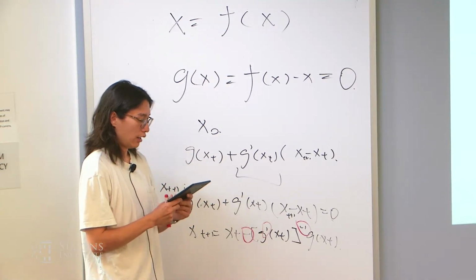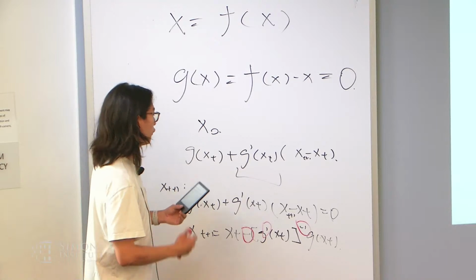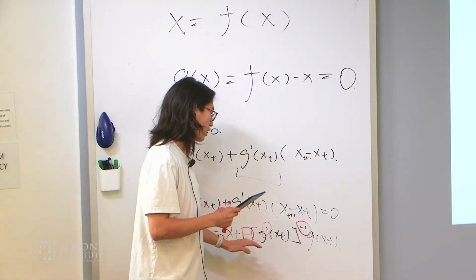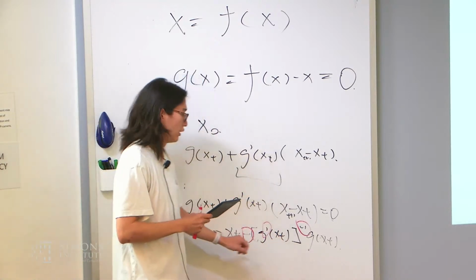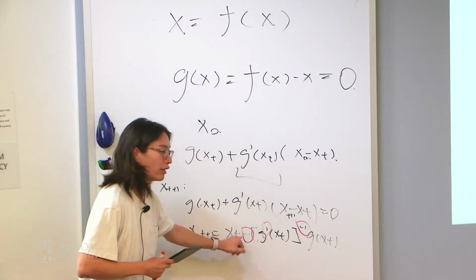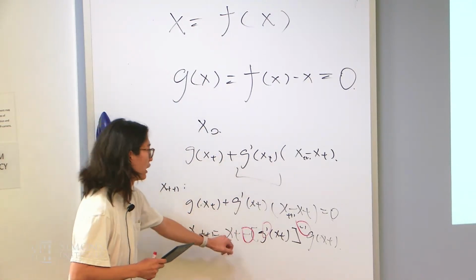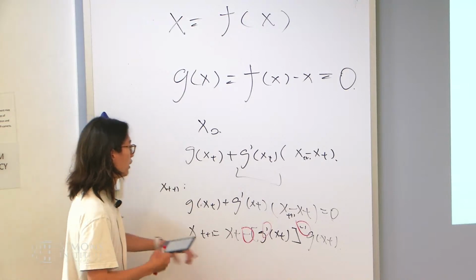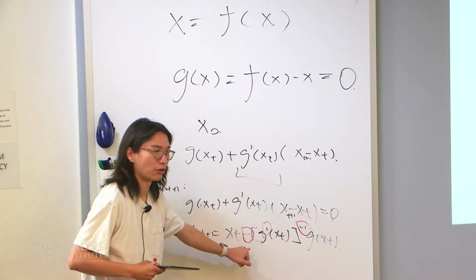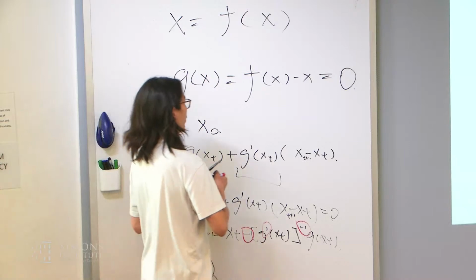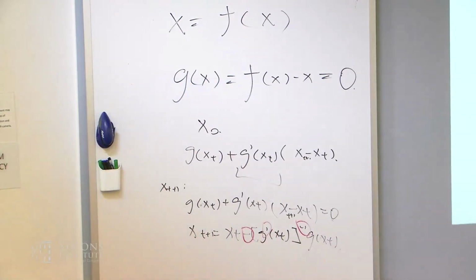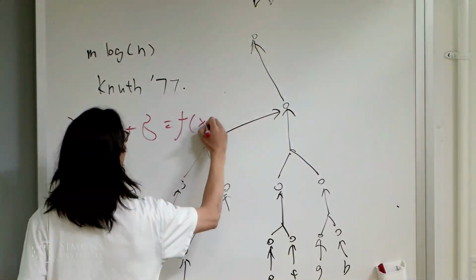In the general algorithm, at each step we compute this derivative, and then instead of taking the difference, we find the delta such that x_t plus delta equals f of x_t.